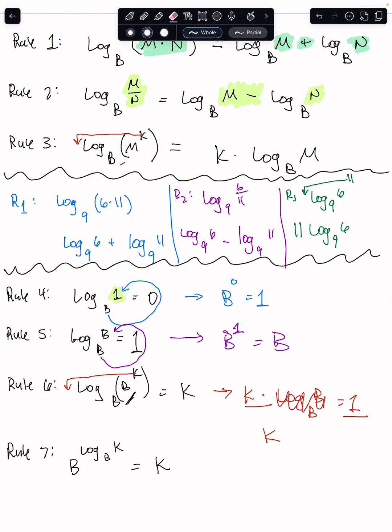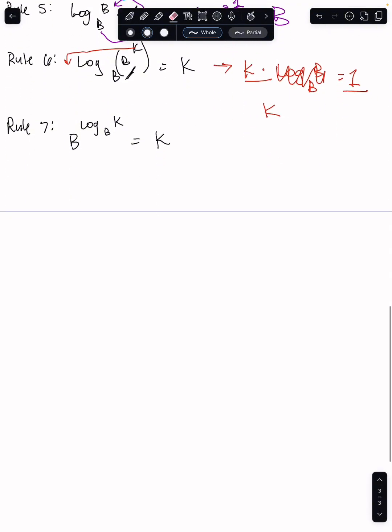Let's see. All right. So let's just do a couple of examples. And then we're going to mix some of these rules together. I'm not going to do too many. So what if I had log of 3 to the 5?